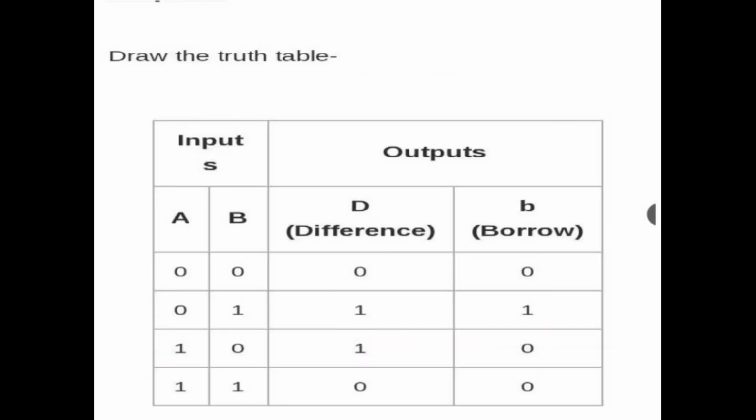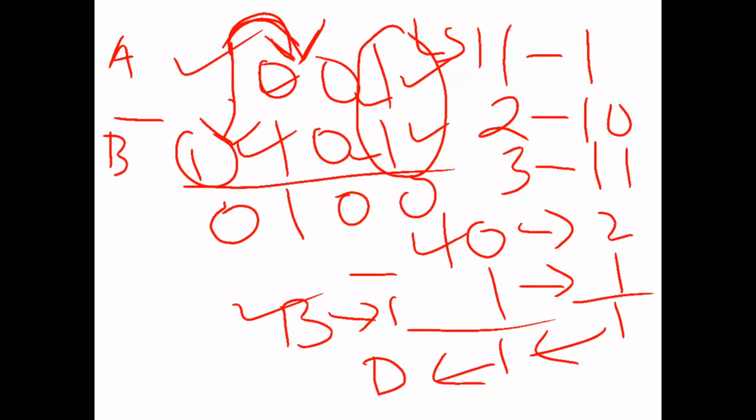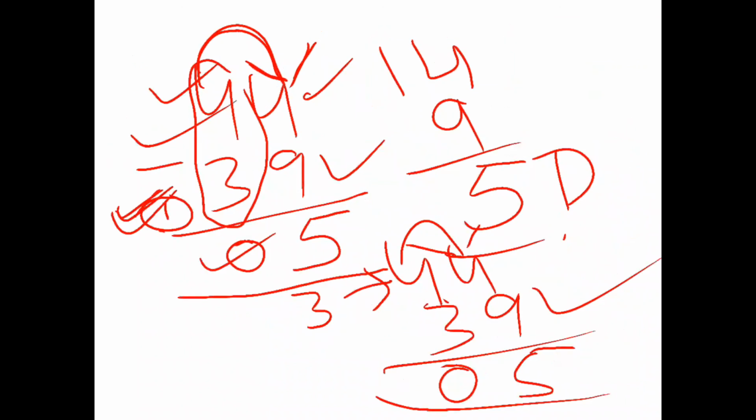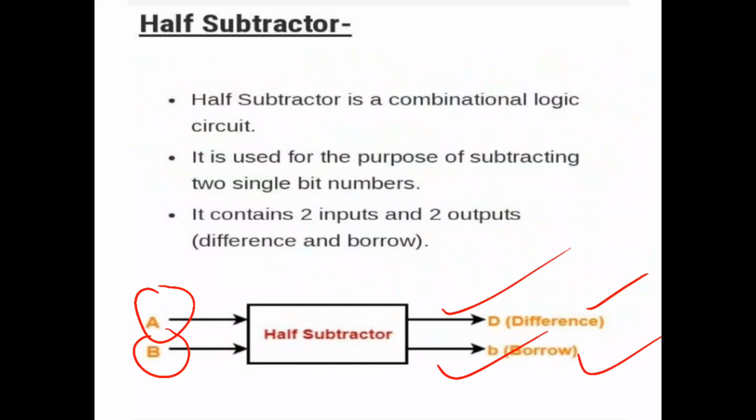So in these examples, basically, you can see we have utilized all those scenarios. We have performed the subtraction with the 3 bits. We have performed the subtraction with the 2 bits.